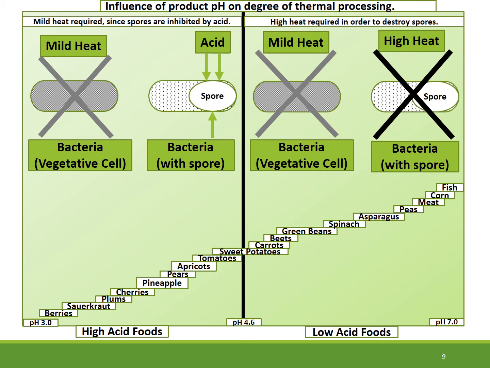For foods that are above 4.6, there is not enough acid to prevent the spore from germinating, so the food must undergo a much higher heat treatment which will destroy or kill the spore. This higher heat treatment is only achieved through pressure canning or, commercially, a retort system.